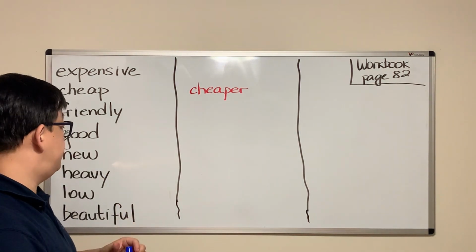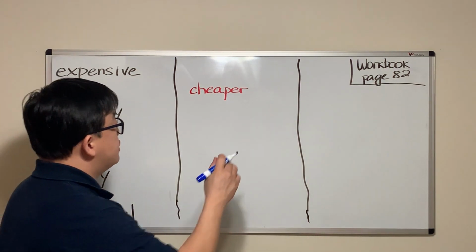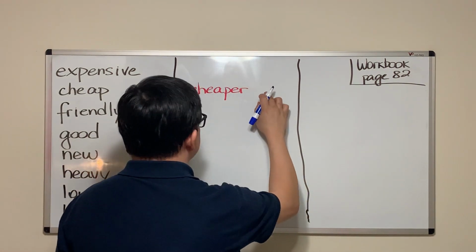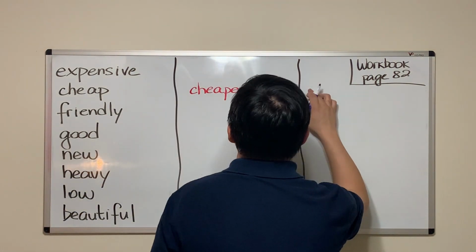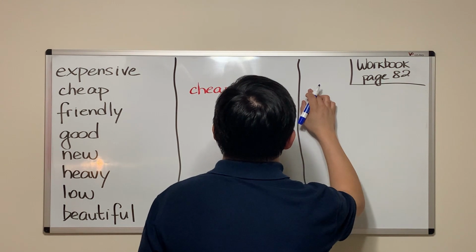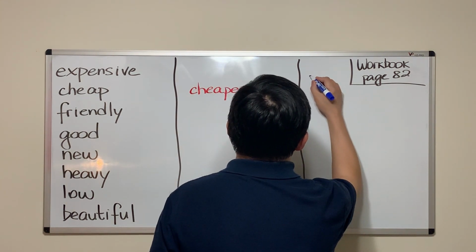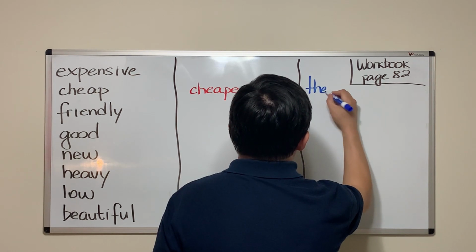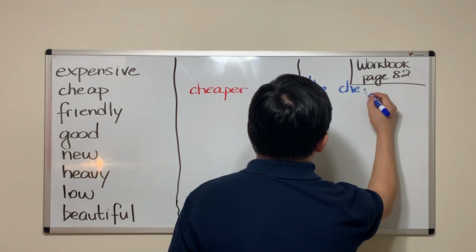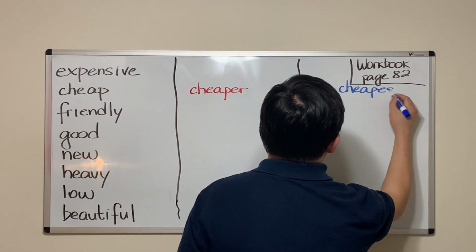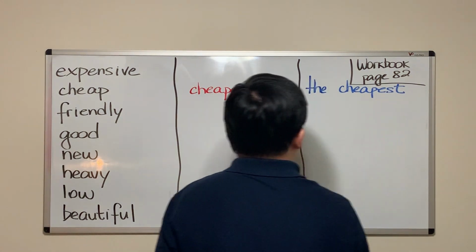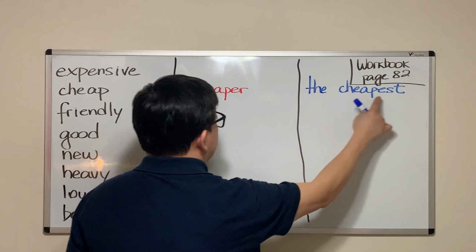And it's not CVC. Now let's go here. The superlative of cheap is, don't forget to add the, okay? Yeah, you need to add the cheapest, okay? The plus EST.